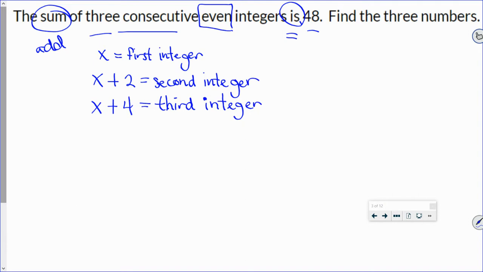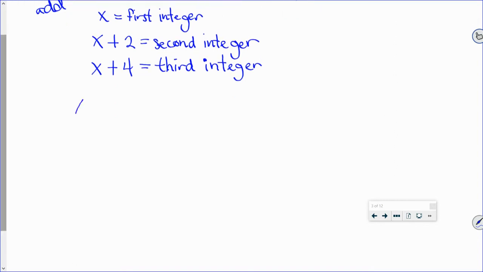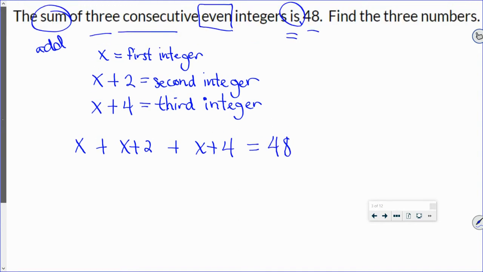Okay, so the sum of those means, I need to take each one of these and add them. So just like I did before, it's x plus x plus 2 plus x plus 4, and that equals, I believe I said 48, right? Yep.